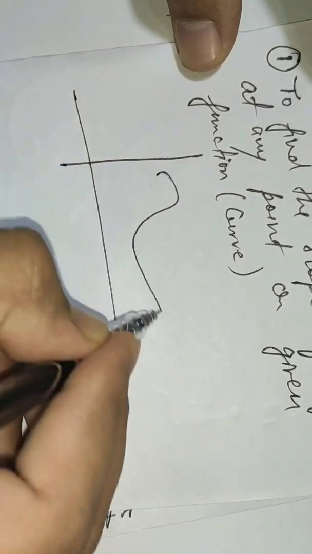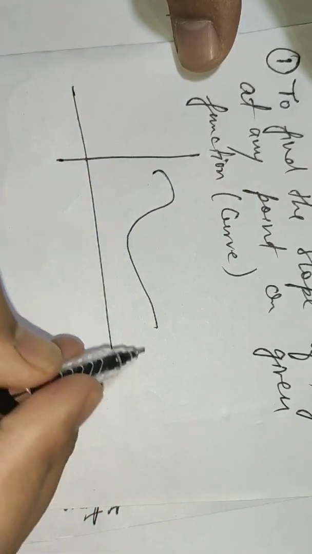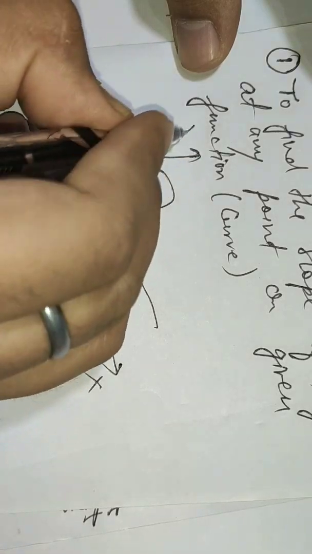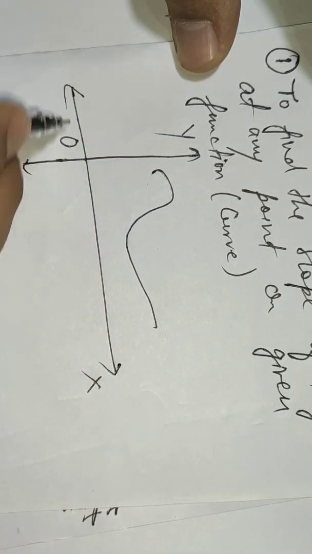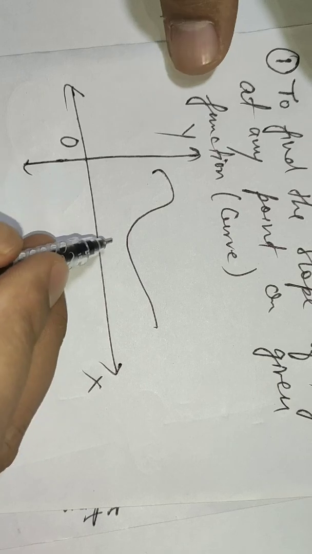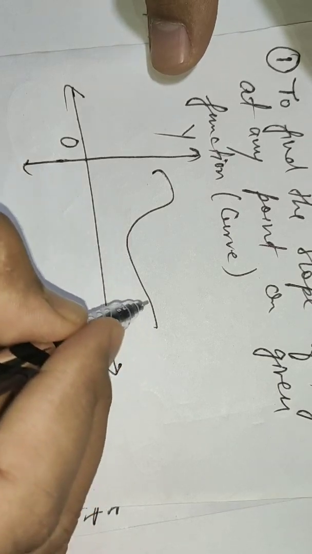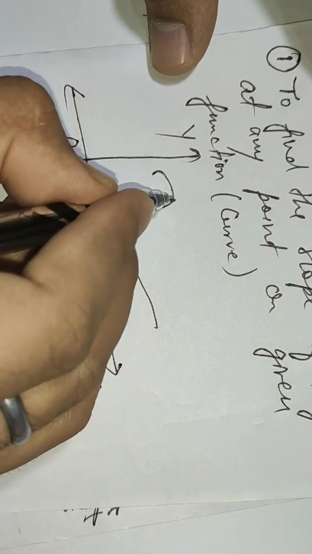Suppose this is the function. This is the x axis, this is the y axis, this is the origin, and you want the slope of the tangent at this point.